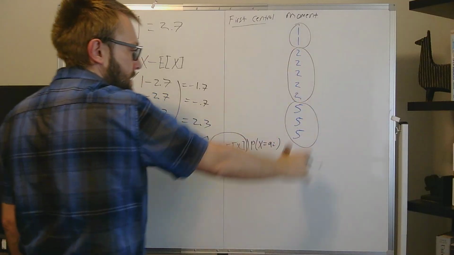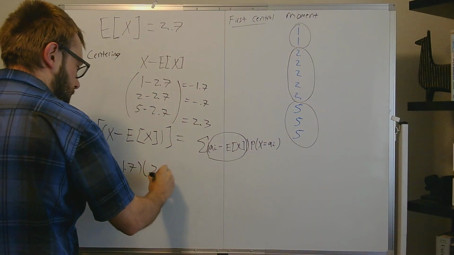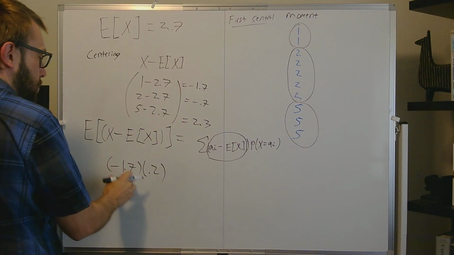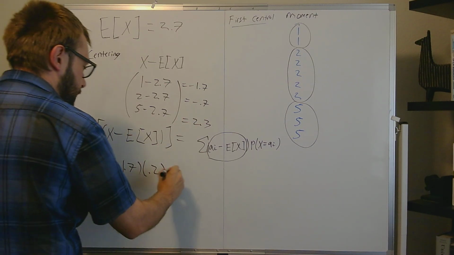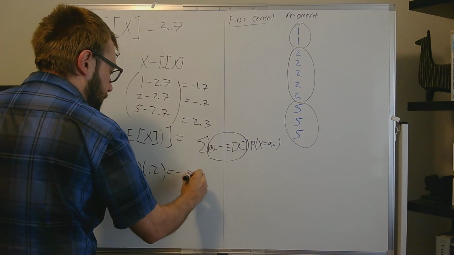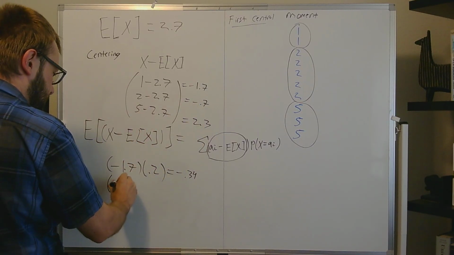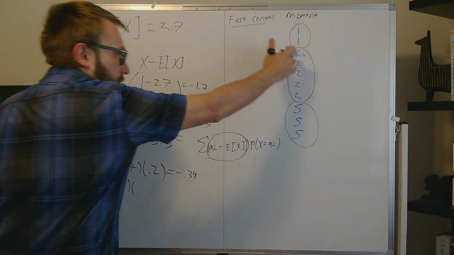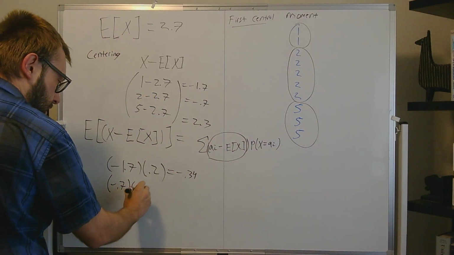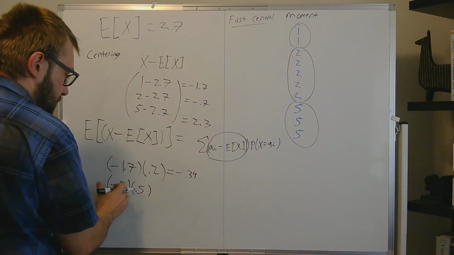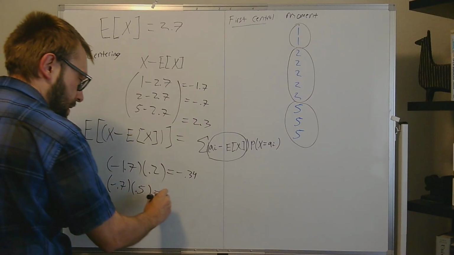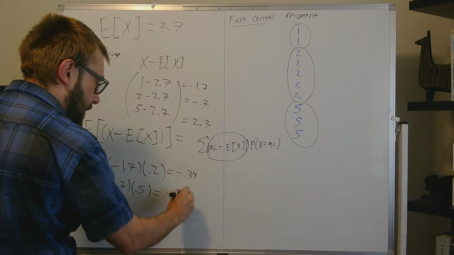So we get 2 ones out of 10 observations, which is just negative 1.7 multiplied by 0.2. That's going to equal negative 0.34. Then we want to multiply negative 0.7 by the number of observations, which is 5 out of 10. So the probability of that observation would be 0.5. That's going to give us negative 0.35.